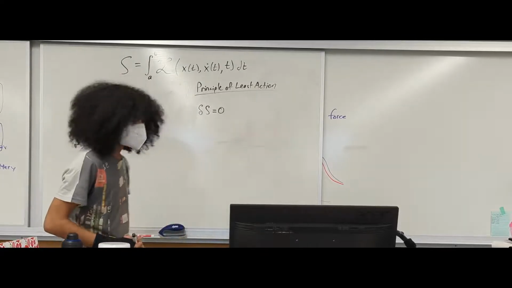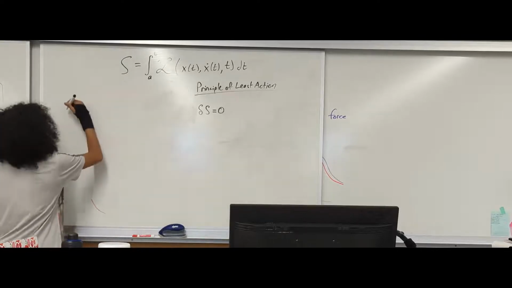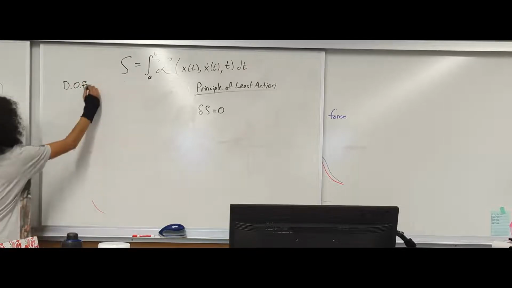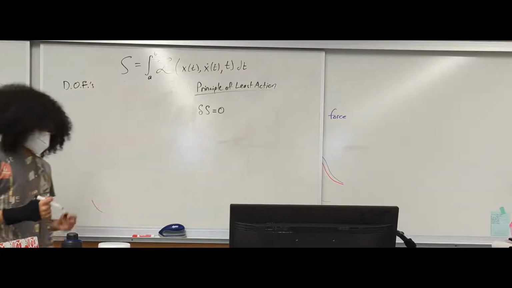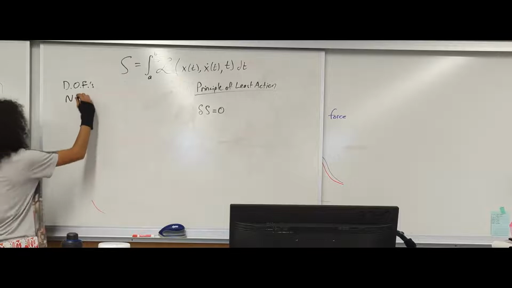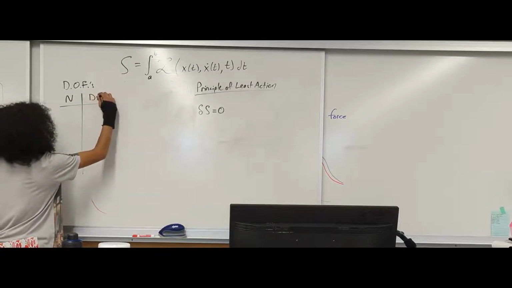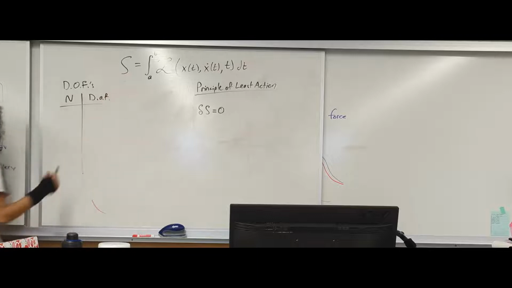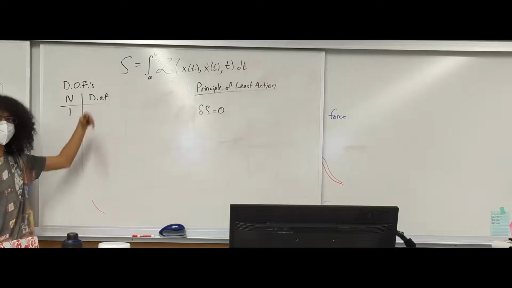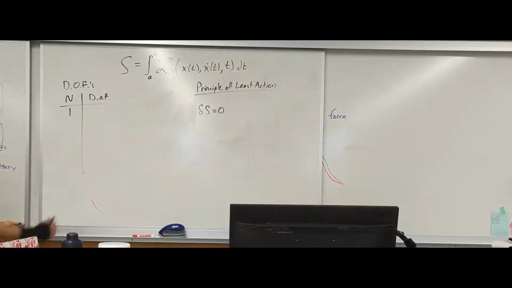So we get to this question about degrees of freedom of a system. So let's say capital N is the number of particles, and then we have the number of degrees of freedom. If we have one particle, then this particle can move in the x direction, the y direction, the z direction, and so it will have 3 degrees of freedom, right?